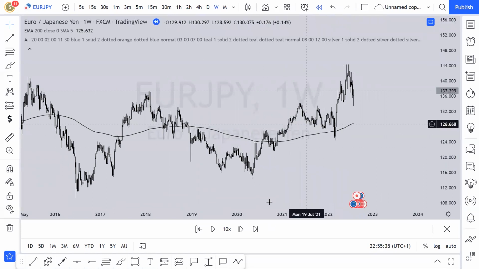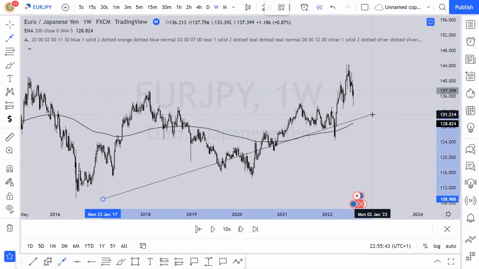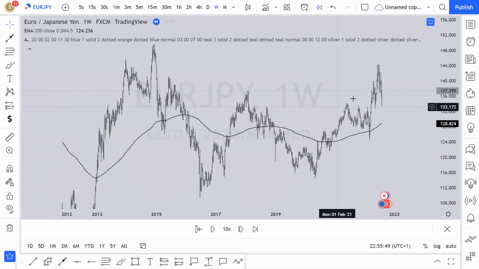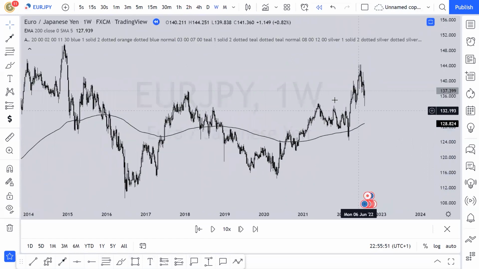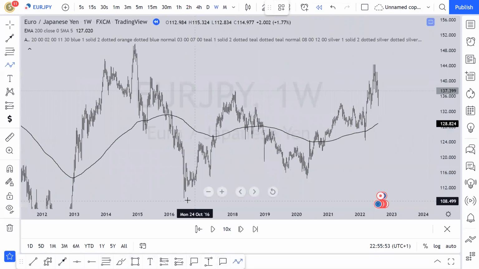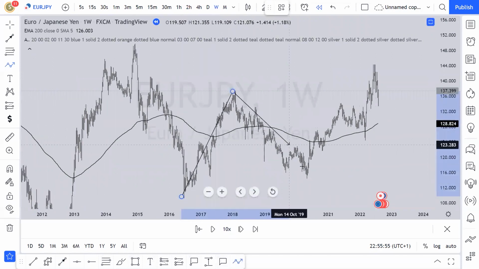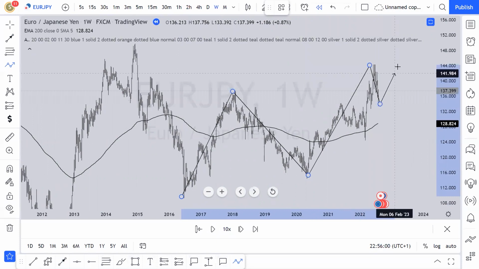You can see that price is trending upward, and you want to trade in line with the trend. Generally, you can see I have my high, my low, my high, and price is currently moving downward, and we are just moving to the upside.